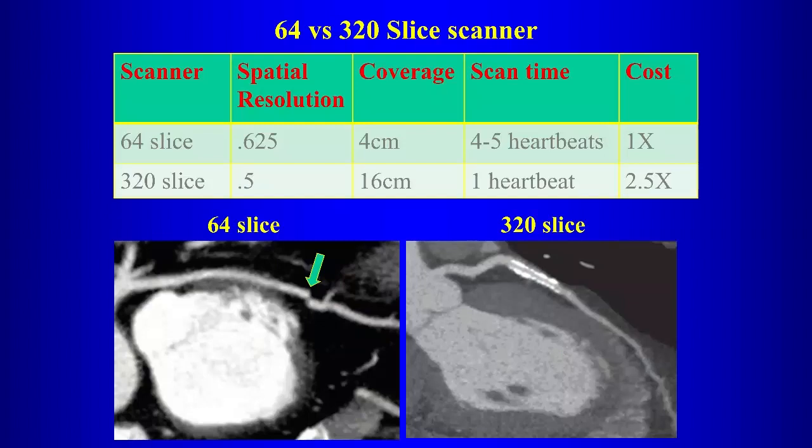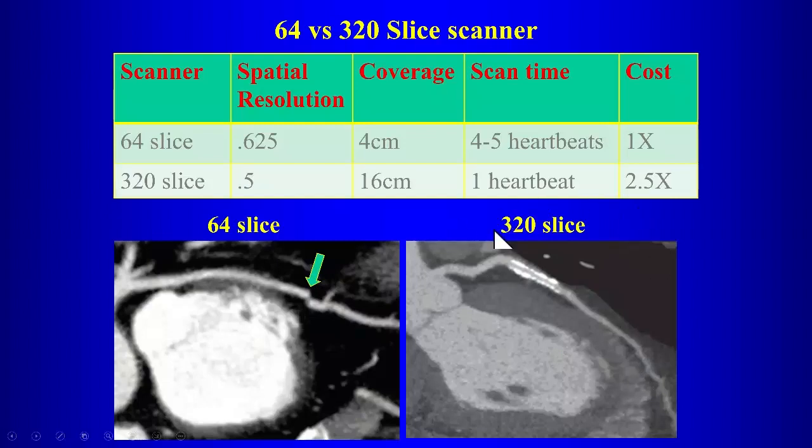Now the problem with that is each of these different areas was taken with a different acquisition, and one of the problems is what they call a stitching artifact. So if there's any motion between one acquisition and the next, if the patient moves, if the heartbeat is not exactly the same, then you can get this misregistration, or stitching artifact, between one acquisition and the next. That's what can happen with a 64 slice CT.